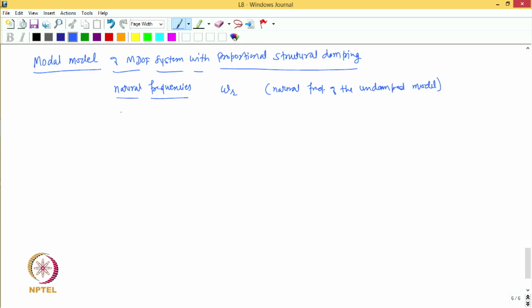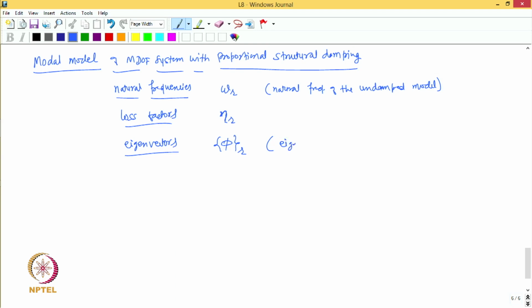Then we have the loss factors eta, right, and then we have the eigenvectors, which are nothing but the phi r, and this is nothing but the eigenvector of the corresponding undamped model.